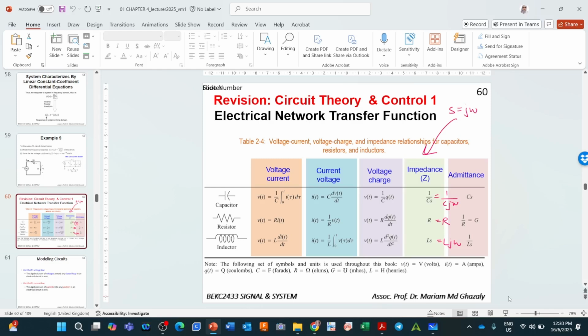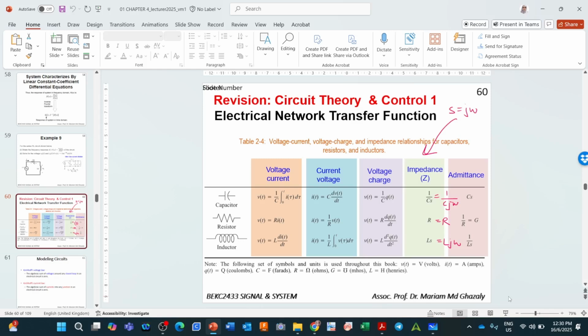We can write it in terms of the Fourier transform, where the impedance of the capacitance will be 1 over C j omega. So just substitute the value.